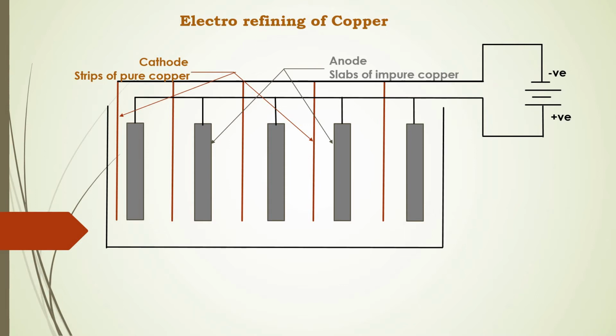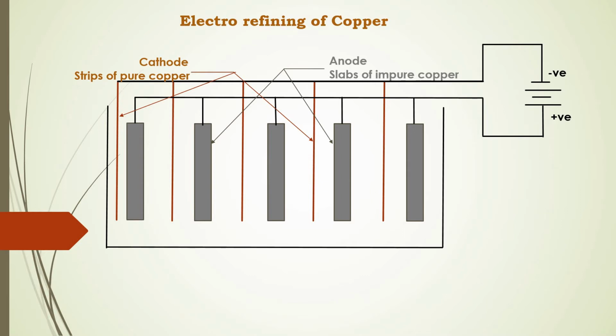So in the electrolytic vessel we make anodes arranged in this way with some gaps between them, and in each gap we put cathode, which are made up of strips of pure copper metal. So the cathode used over here is strips of pure copper, whereas the anode is impure copper.